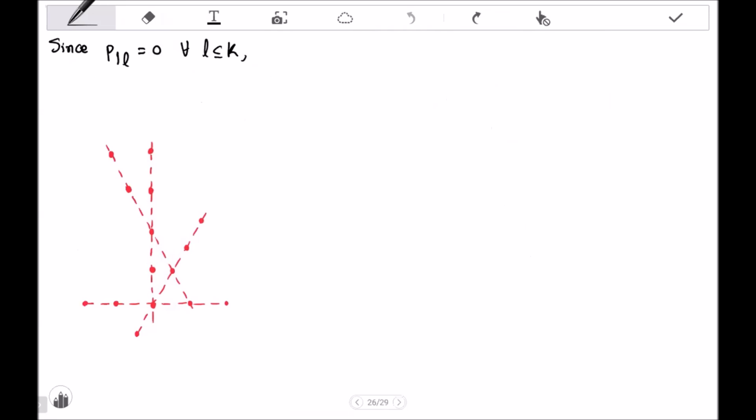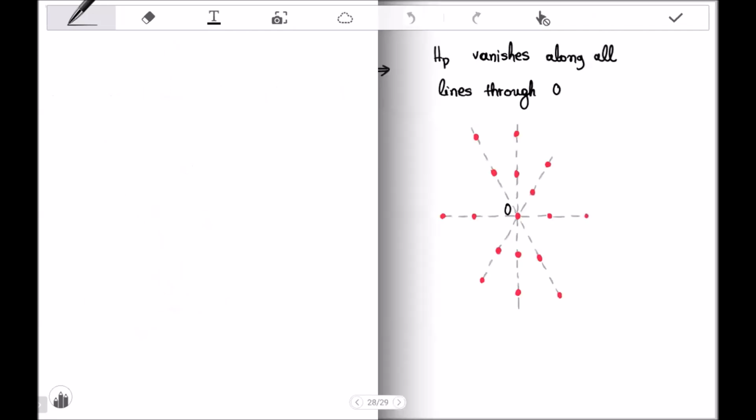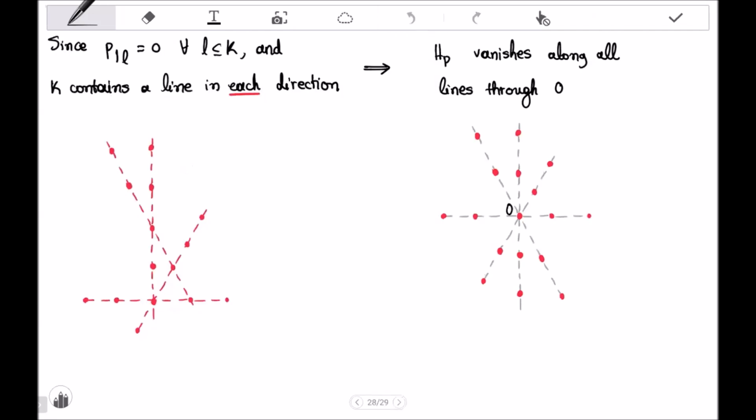So the homogeneous part will vanish at all the translations through zero, but the Kakeya set contains lines in all possible directions. So when you translate them to pass through zero, you create all possible lines through zero. And therefore, this homogeneous part of highest degree vanishes everywhere on F to the n.